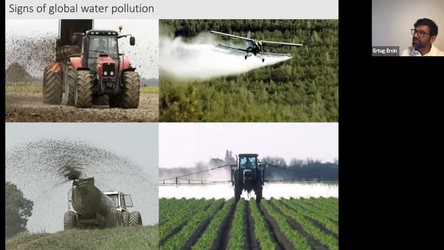I hope some of you have visited the Netherlands or know something about it. The Netherlands is a very small country, and it's a very wet country. It always rains. Everywhere is green and full of water. This country, like most European countries, is very strict on pollution directives.